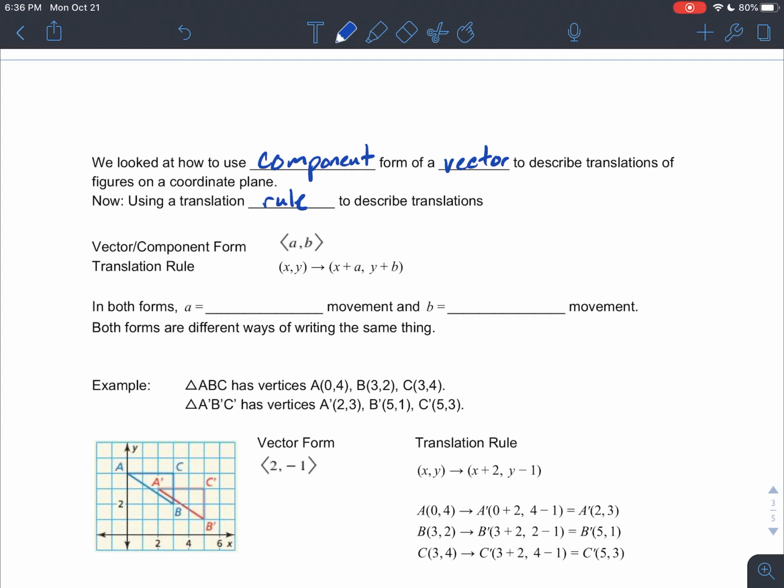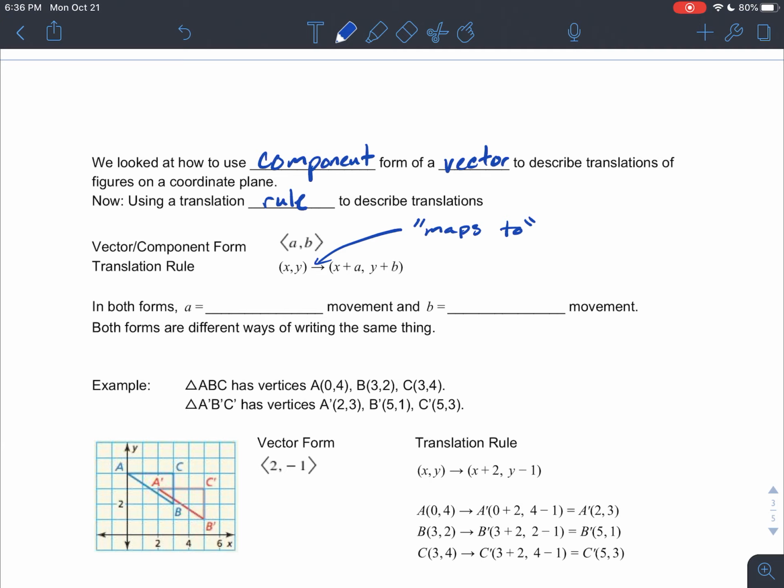The translation rule: (x, y) maps to, this arrow right here we read as maps to, (x + a, y + b). So (x, y) would be our starting point, and then you add your horizontal movement to x, add your vertical movement to y, and that will tell you your new point.